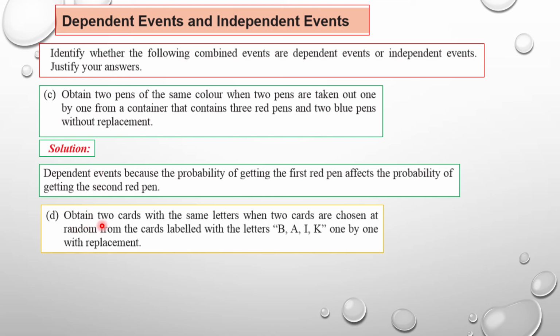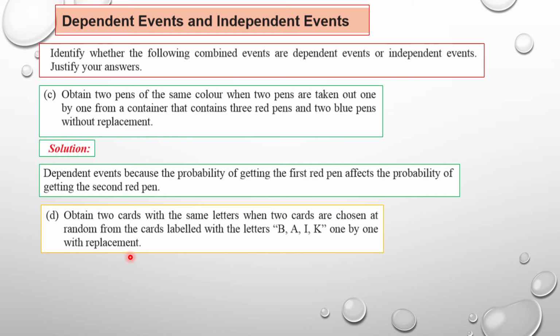Now, obtain 2 cards with the same letters when 2 cards are chosen at random from the cards labeled with the letters BAIK one by one with replacement. See the words with replacement. That means when you pick one card for the first time and then you put back the card into the box and then choose the second card.